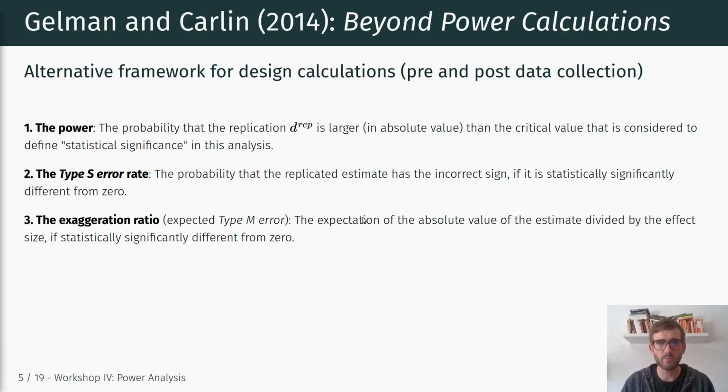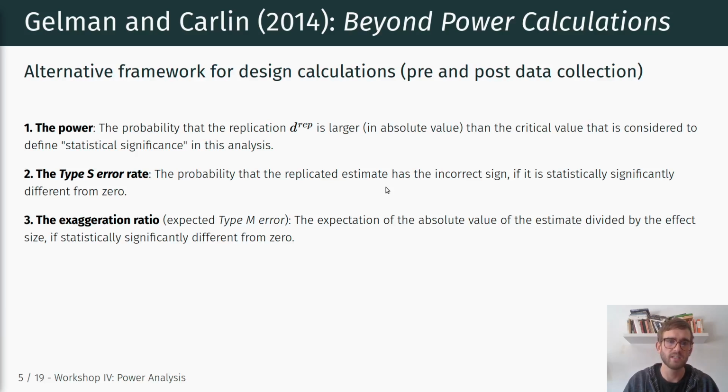Next, the third component is the exaggeration ratio, or the expected type M error. This exaggeration ratio describes the expectation of the absolute value of the estimate divided by the effect size, if statistically significantly different from 0. So again, conditional on the effect being statistically significant, we can specify how much it, in expectation, exaggerates the true effect size.